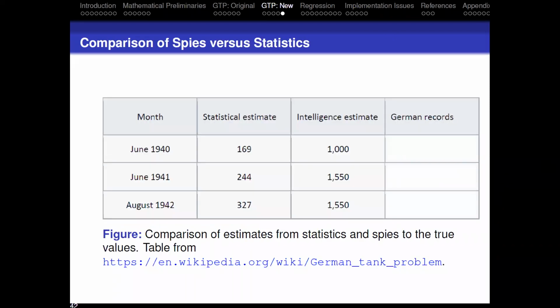So we now want to compare how well did the statisticians, mathematicians do versus how well did the spies do. And I went to Wikipedia, source of all knowledge, or at least sometimes source of all knowledge for something non-controversial like math, pretty safe. And you can see there is a real difference between what the statisticians are saying and what the spies are saying.